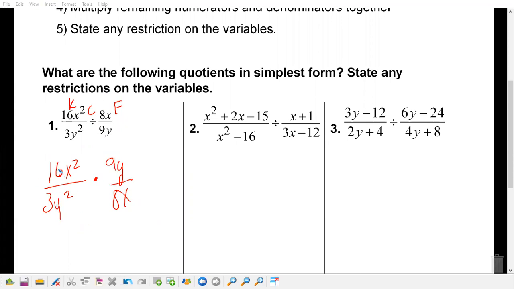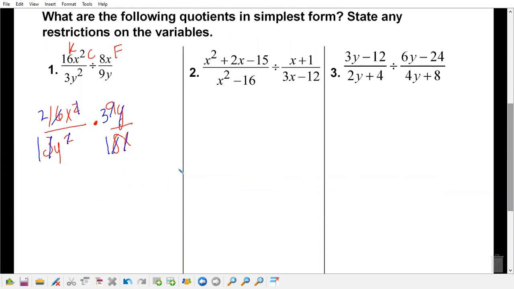So I can reduce 16 and 8 to 1 and 2. I can reduce 3 and 9 to 3 and 1. I can take away an x, and I can take away a y. And then I multiply what's remaining. So what I have left, I have 2, I have 3, I have y.